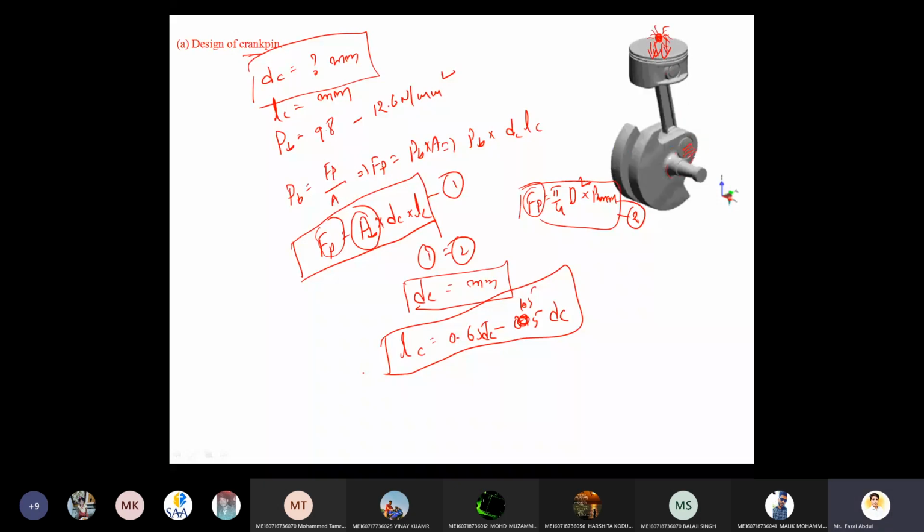So if we assume the crank pin acts as a cantilever beam and the load on the crank pin is uniformly distributed, the maximum bending moment will be Fp into Lc by 2. See here why I'm considering a uniformly distributed load.